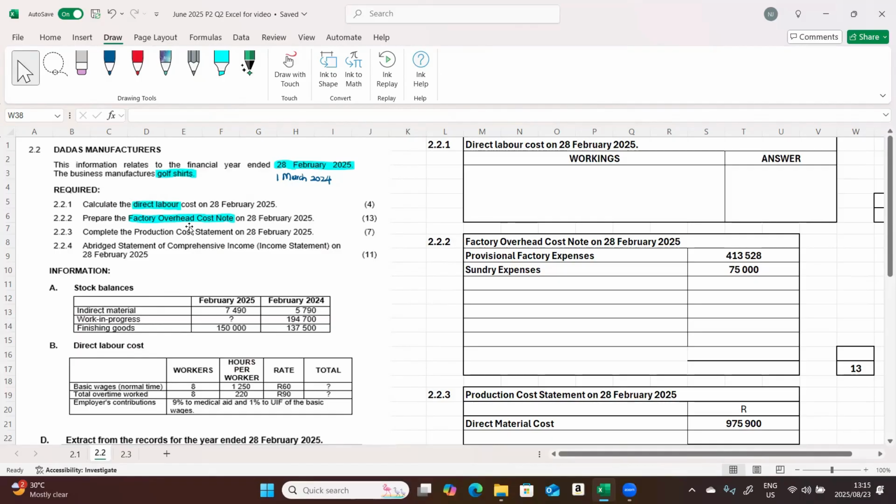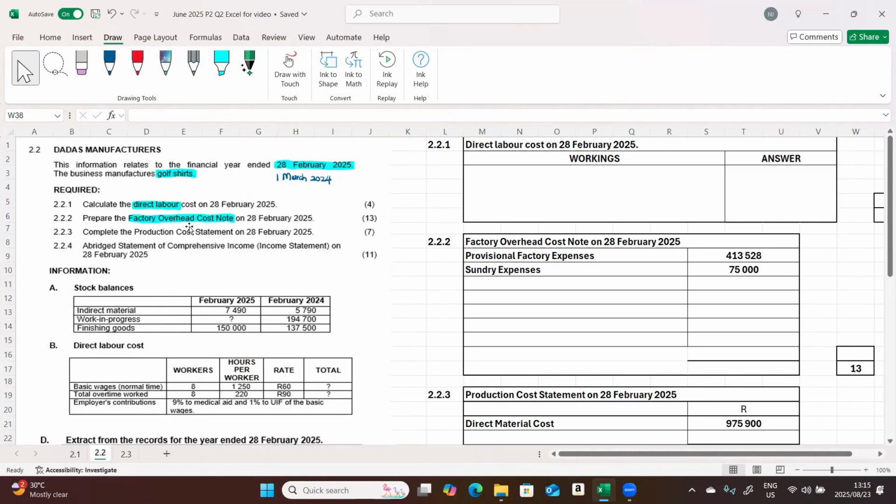The easiest way to remember what falls under factory overheads is to tell yourself: every cost that I incur that relates to my factory, that is not direct labor and direct material. All costs that relate to the factory.